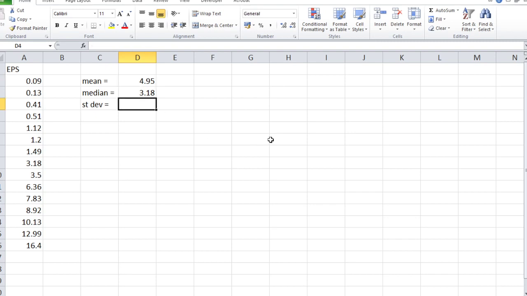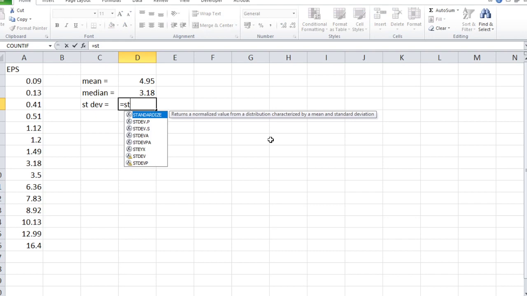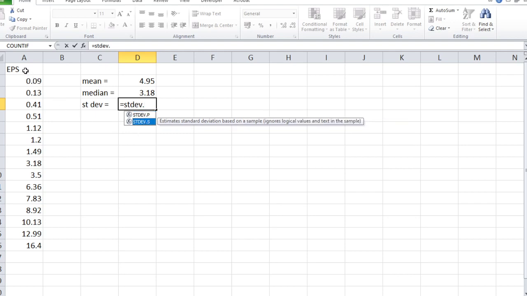Let's have a look at standard deviation: equals stdev and dot, and we've got a couple of options over here. Remember from a few weeks ago, P stands for population and S stands for sample. In this case, we're looking at earnings per share for some companies.